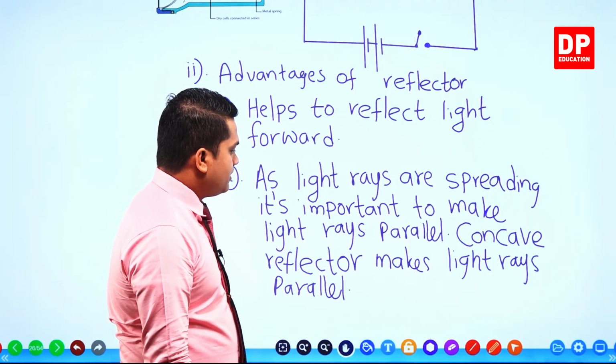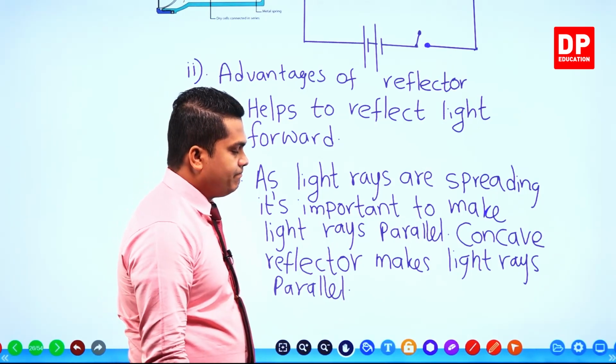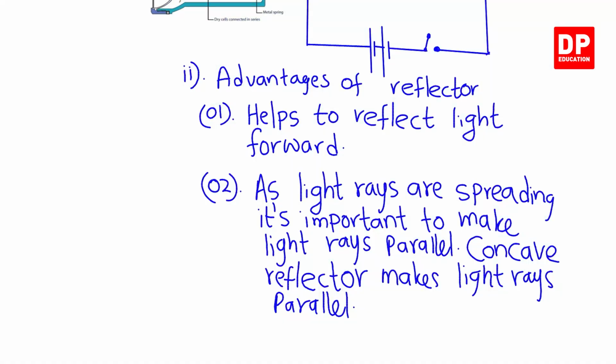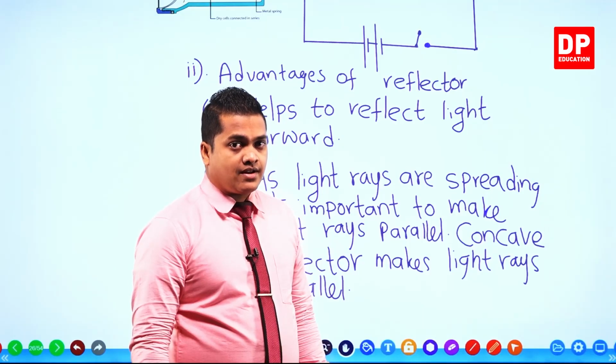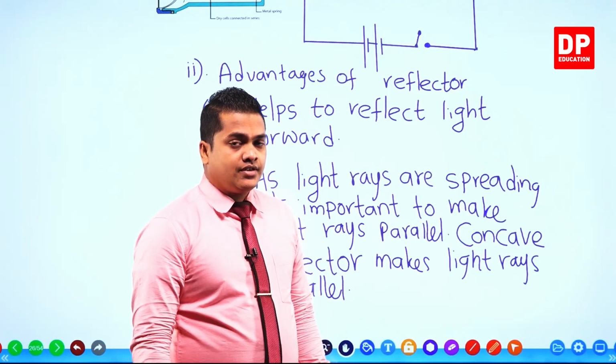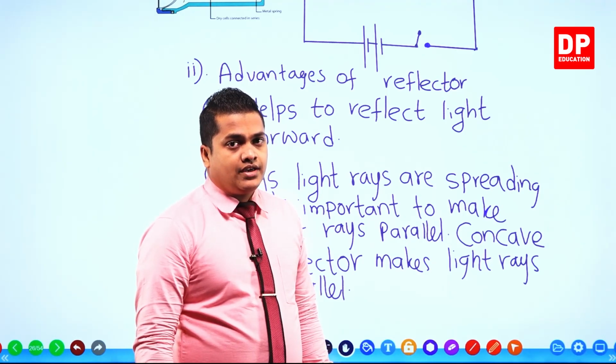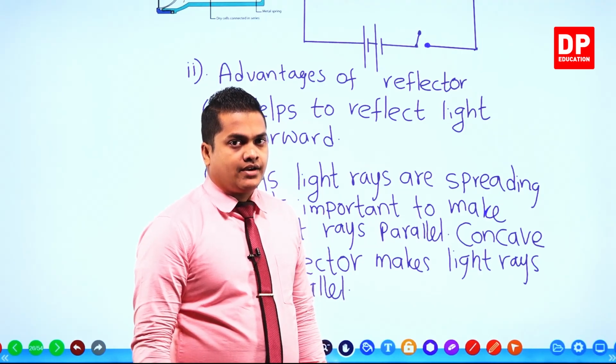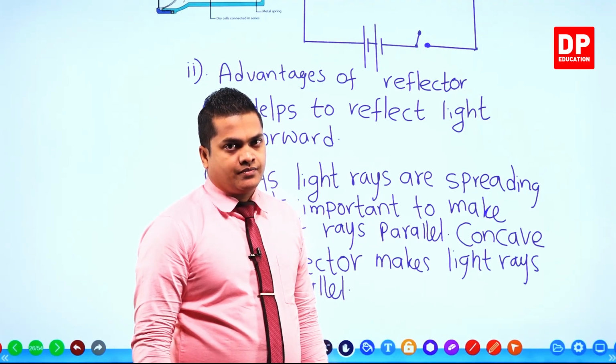A concave reflector makes the light rays parallel, right? So these are the important advantages of using that reflector within a torch.